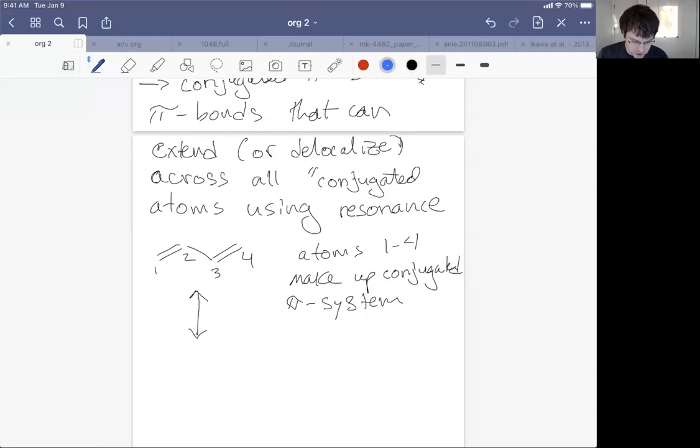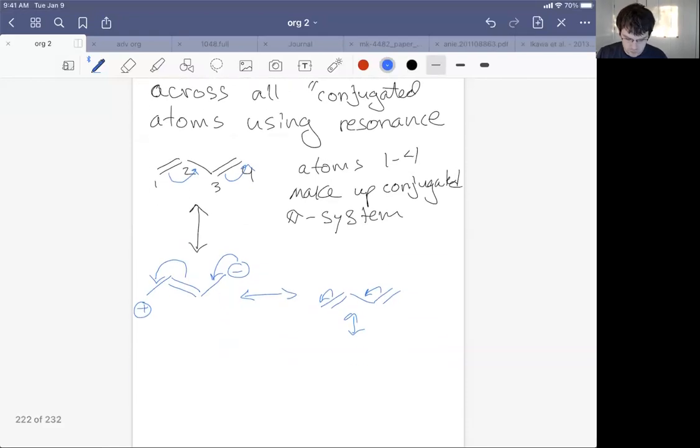I could zip the electrons across the ring to give me a resonance structure, whoops, it's not positive, where there's a negative on one side, a positive on the other, and I could kind of go back and forth between those two states. Putting the plus and minus on either side. So I can move the pi electrons across the ring.